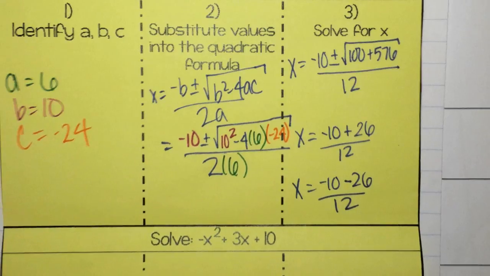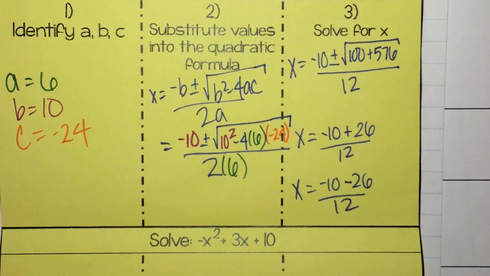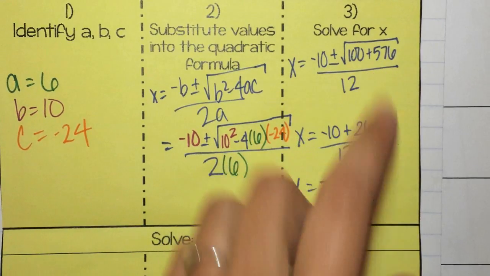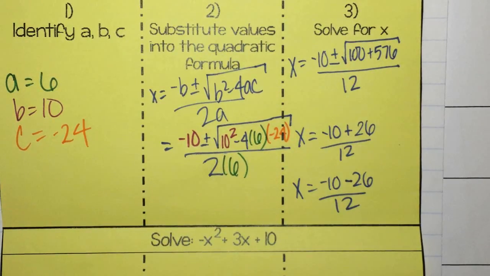Now, where did we get the 26 from? We square rooted 676. And where did 676 come from? Adding these, right? Okay. All right, what's negative 10 plus 26? 16.